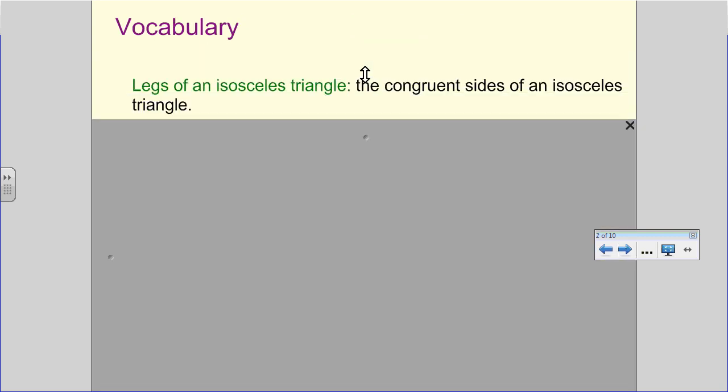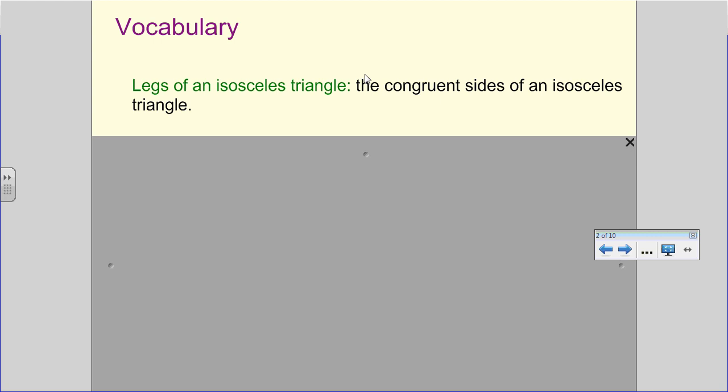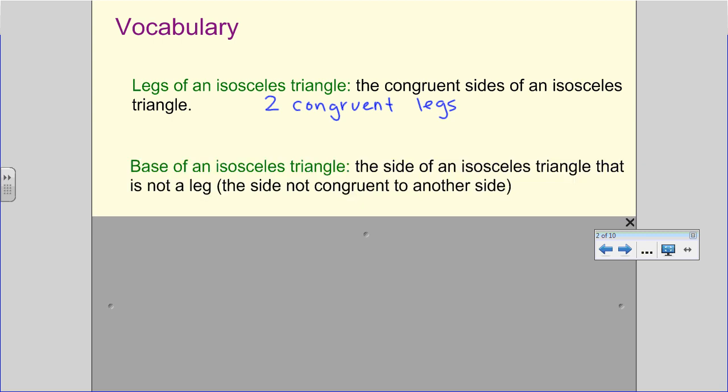Obviously, our vocabulary we want to work on. The legs of an isosceles triangle refer to the congruent sides of an isosceles triangle. So because it has two congruent sides, you will have two congruent legs. The base of an isosceles triangle is the side that is not a leg.